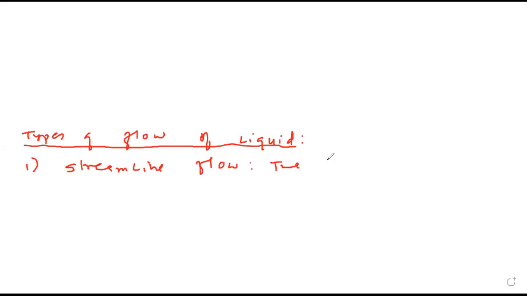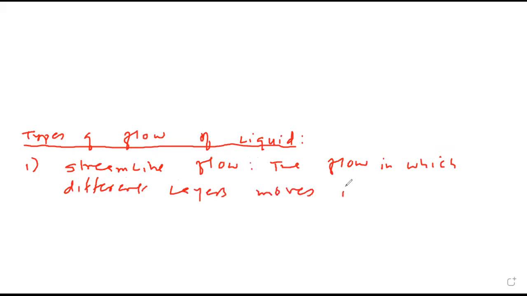The flow in which different layers move in laminar motion in a plane. It doesn't move here and there.